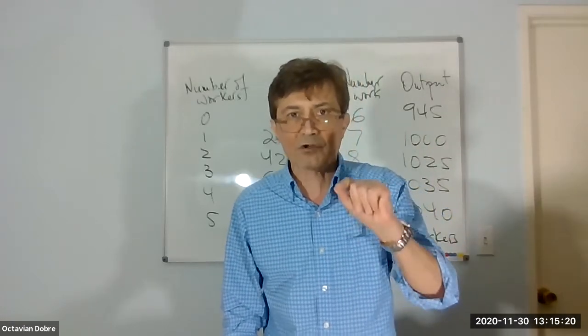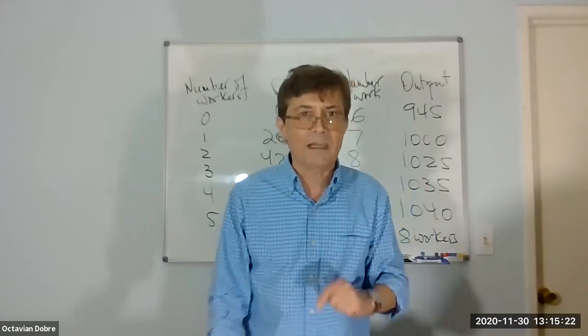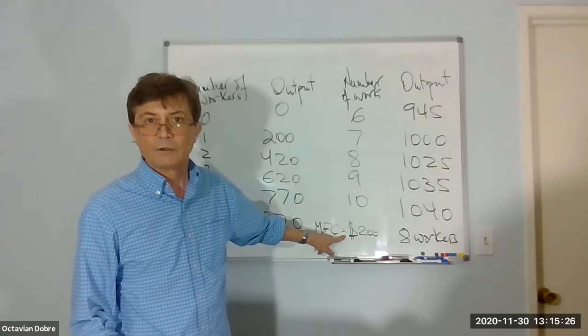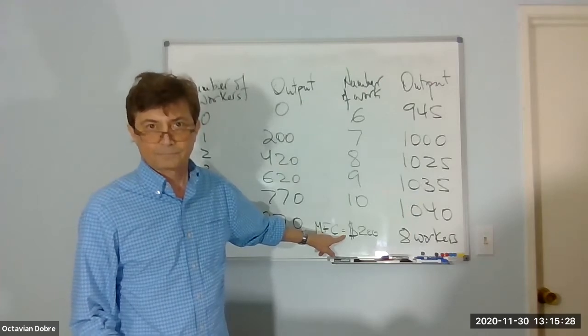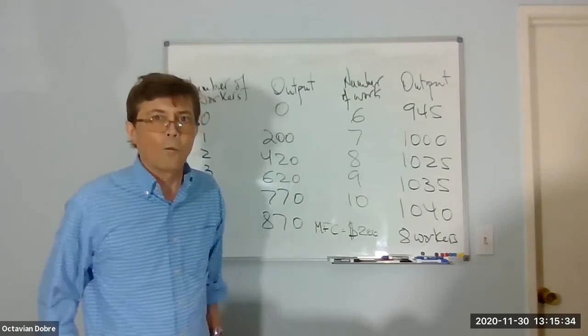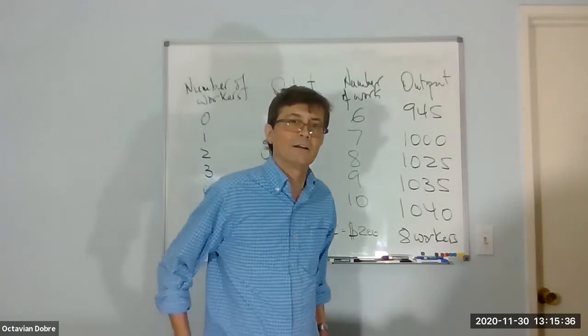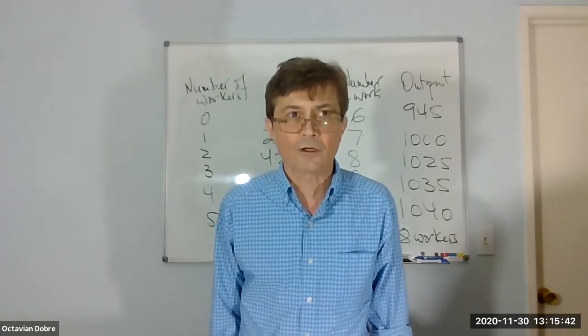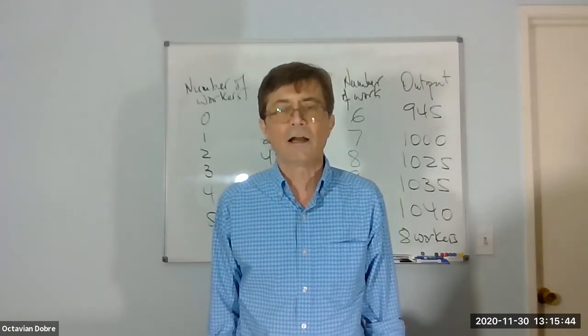And the contribution in terms of dollars has to be equal to 200. So what price do those units sell for? So the contribution of the 8th worker is exactly 200.